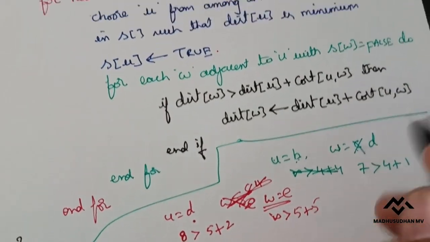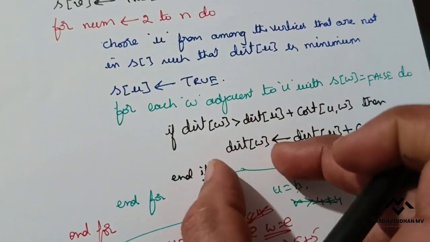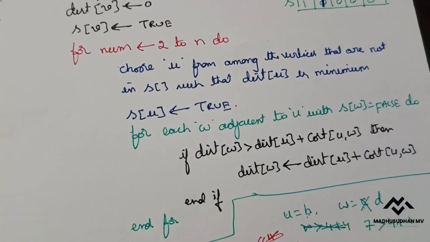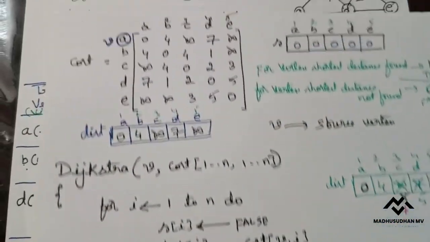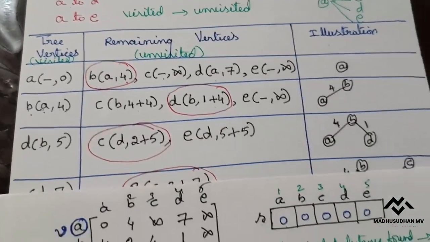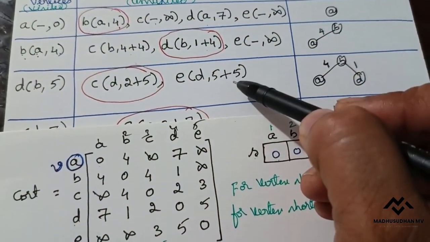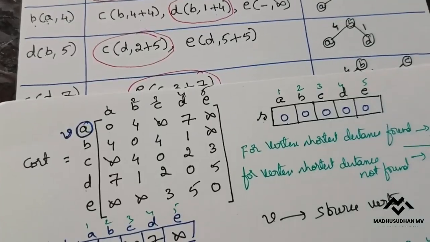Infinity greater than 10, true, comes inside. 10 is assigned to distance of W, that is distance of E. That means earlier it was infinity, now it becomes 10. See, same thing what we did here, earlier infinity, now we replace it by 10. Okay, so this is how it works.